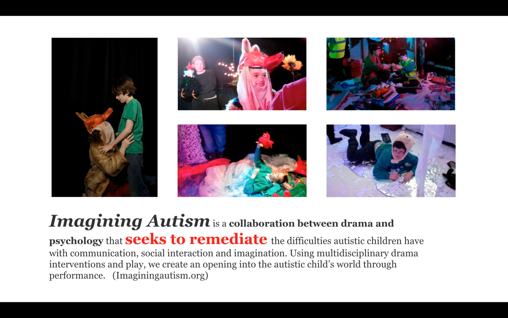They want to establish a robust methodology that they can share that will therefore help to affect positive change in other settings as well. So the website for that is Imagining Autism. As I say, I'm not going to go into too much detail here, but you can go and look at that. But really, the point I wanted to make here was that it's an excellent example of research that has a change-based aim.